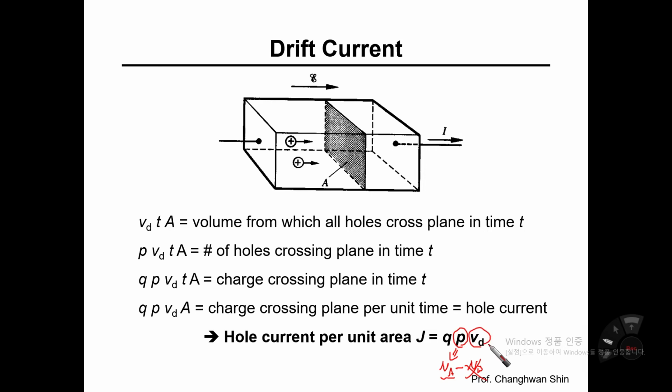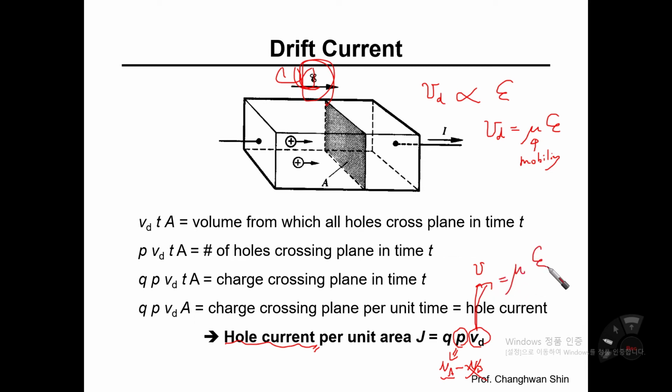And what about Vd? As we have learned, there is an electric field, right? Drift velocity is proportional to the electric field, and the coefficient of this relationship is mu, mobility, so Vd equals mu times E. So the current density is also governed by mobility.